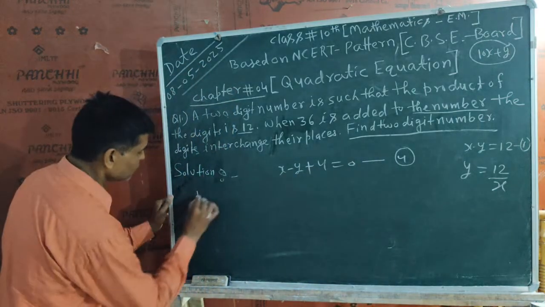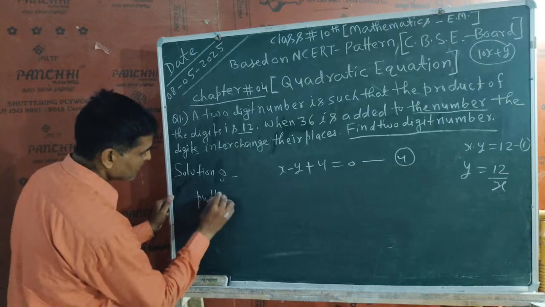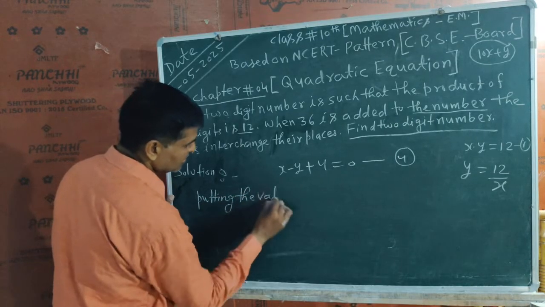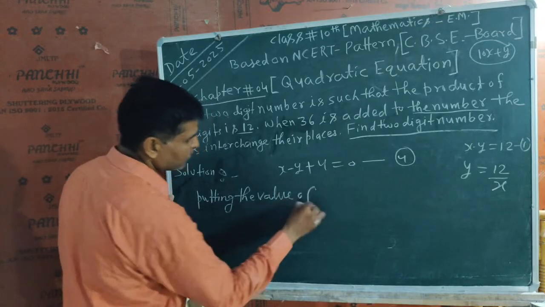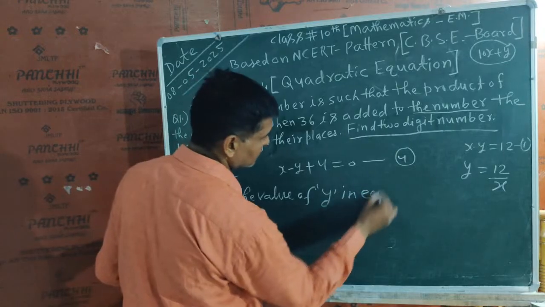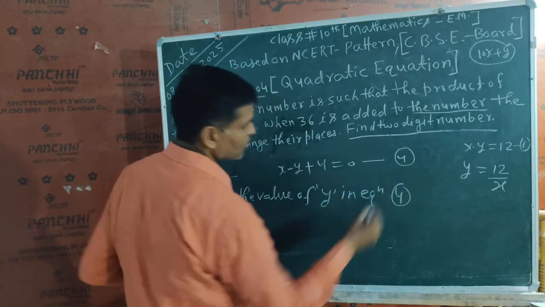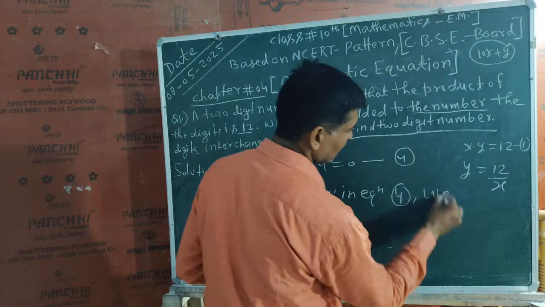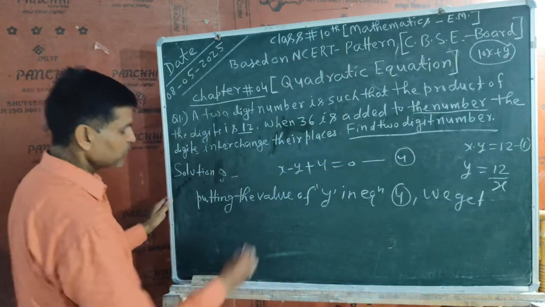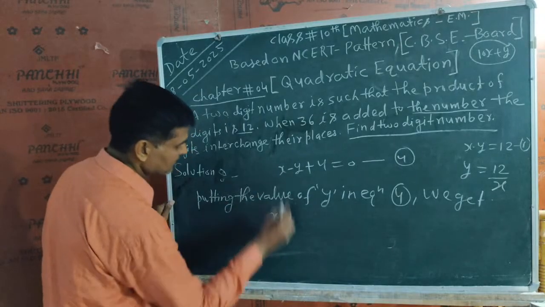Putting the value of y in equation 4 we get. Now I have to put here in the place of y. Here x is written, so I have to write x.